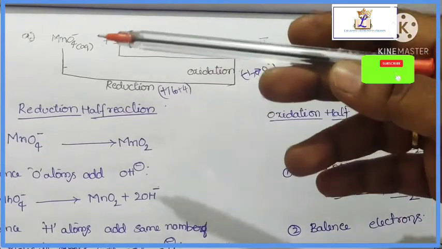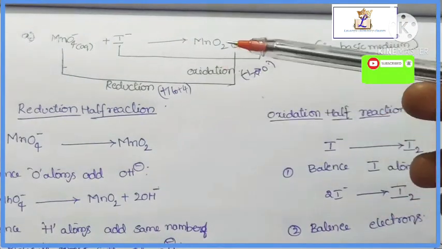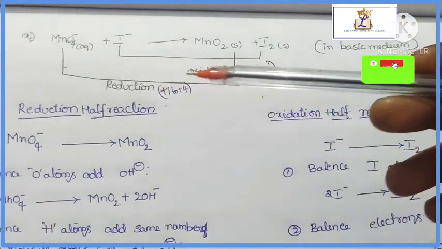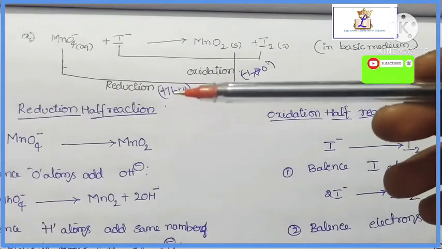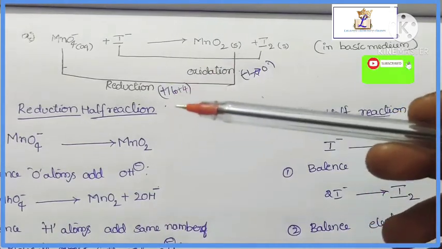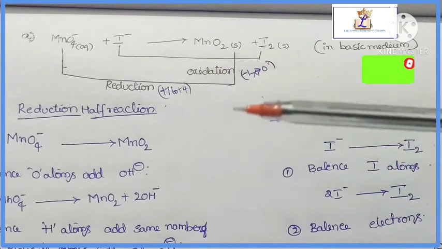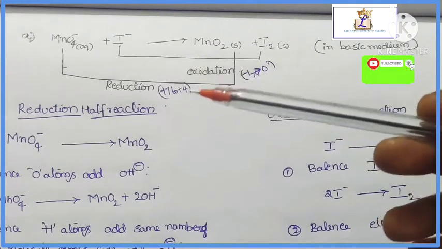The charge of Mn in MnO4 minus is plus 7 and in MnO2 it is plus 4. That means the permanganate ion is changed to MnO2, going from plus 7 to plus 4, so electrons are being added, that means electrons are gained.